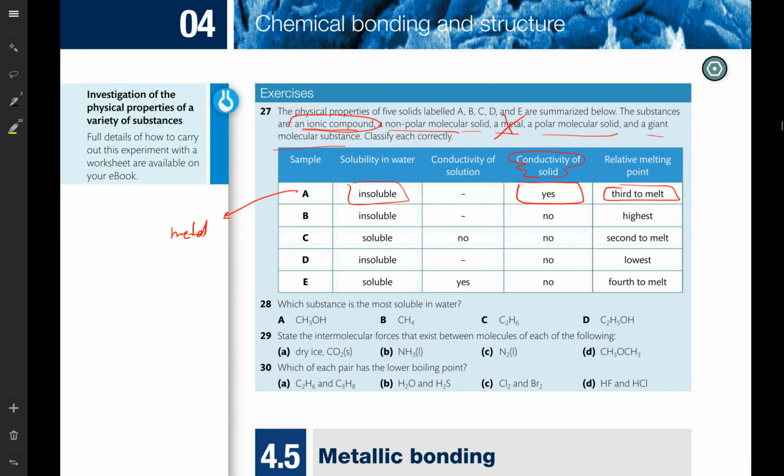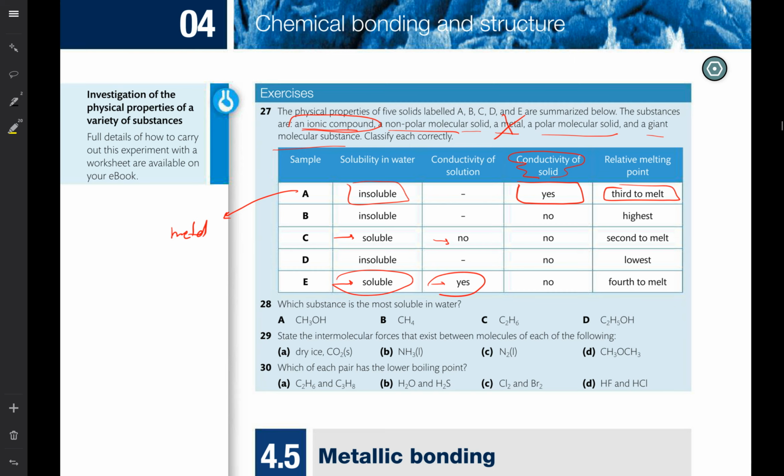So between the C and E, which is written soluble, one of them is the ionic compound. Look at their conductivity. For C, it says it's not conductive, but for the E, it says it's electrically conductive in the solution. So this shows that this one is an ionic compound.